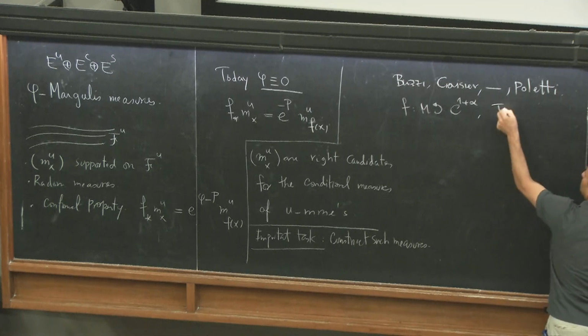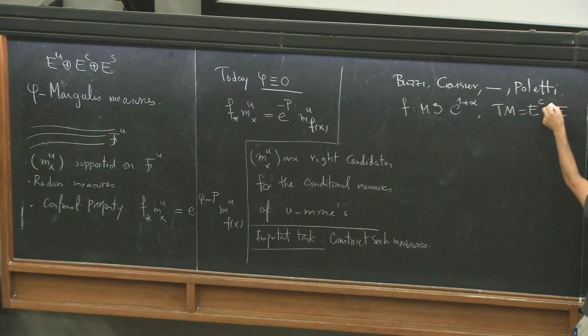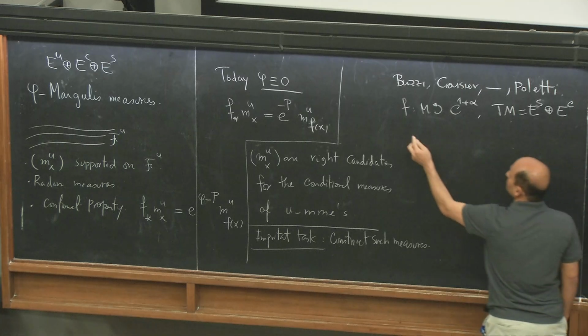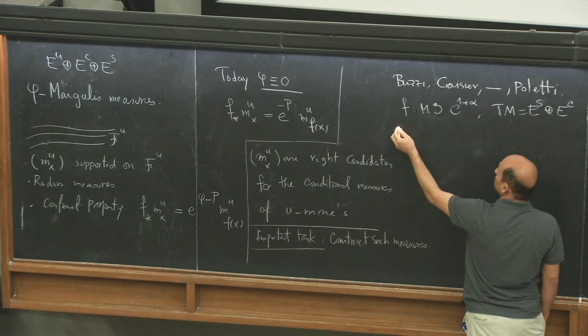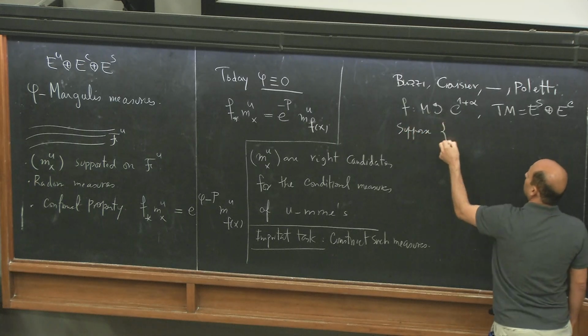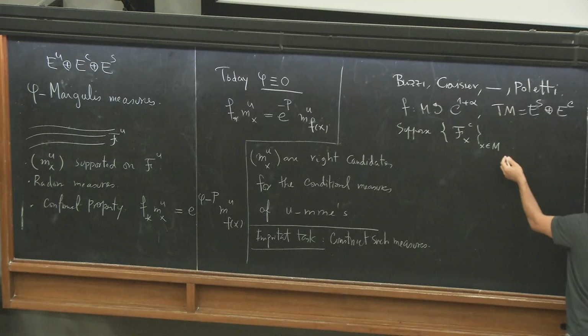And TM is decomposed into two bundles, Es plus Ec, where Es is uniformly contracting. Suppose that you have a foliation Fc tangent to Ec.